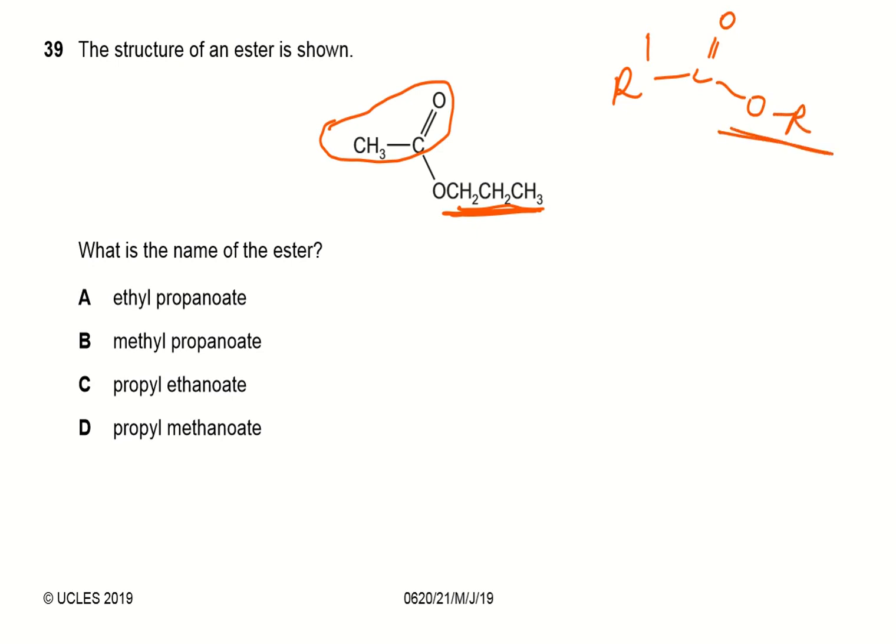So you usually start from this side and name it that way. How many carbons do we have here? 1, 2, 3. So this is prop, because it's an attached group. Then you name this 1 and 2. That is ethanoate. So we have propyl ethanoate.